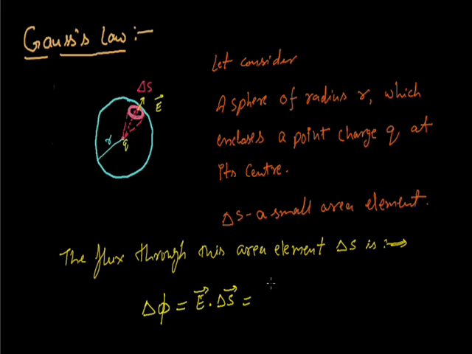This will be given as q upon 4 pi epsilon naught r square in the direction of r cap dot delta s vector. We got this equation with the help of Coulomb's law.